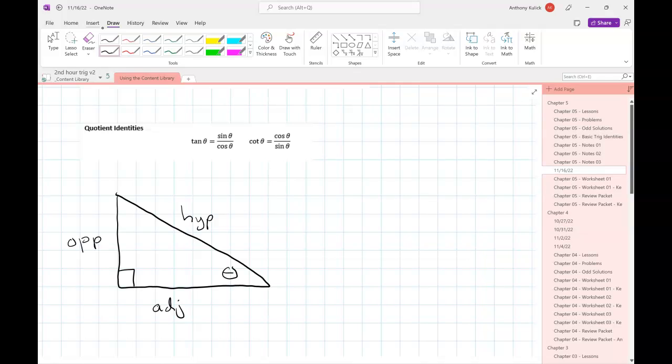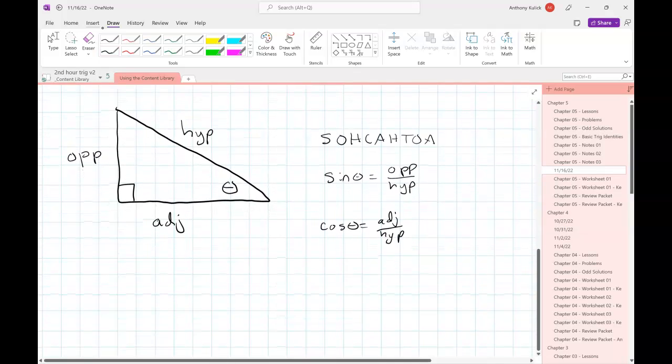Everybody cool with that? So if I use SOHCAHTOA, I can say, for example, sine theta is opposite over hypotenuse, or that cosine theta is adjacent over hypotenuse. Everybody's okay with that?